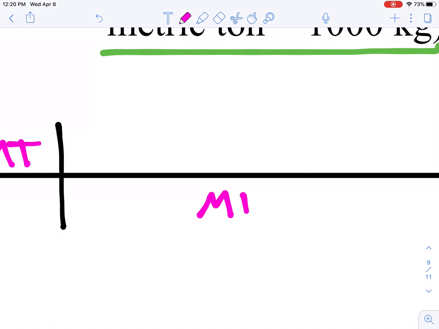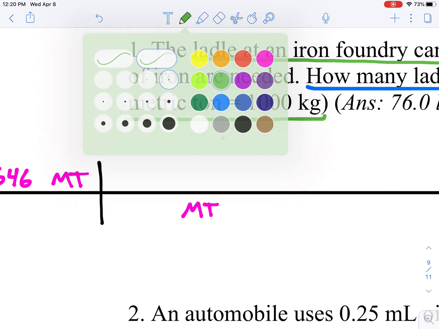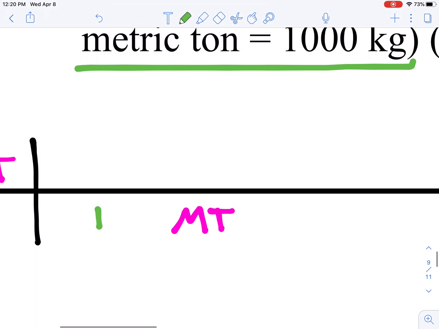That helps guide me towards where I need to go next, because I know right there in green that a metric ton is equal to 1,000 kilograms. So that's a conversion factor that we have. You might already be able to see where this problem is going.